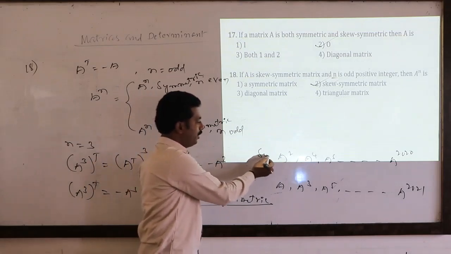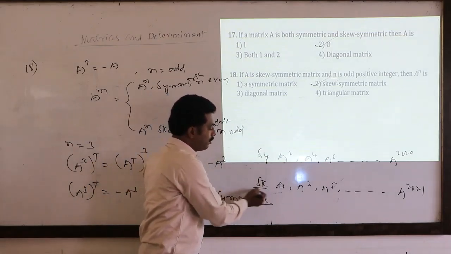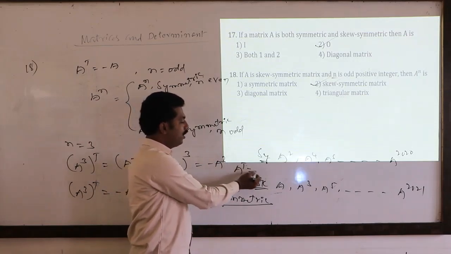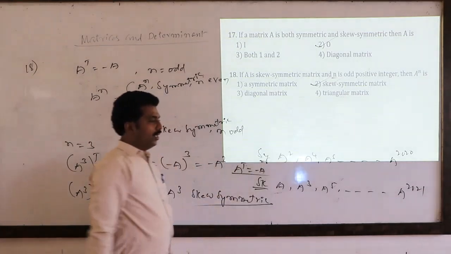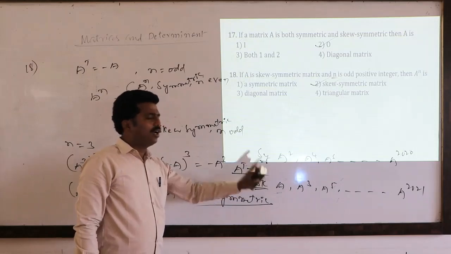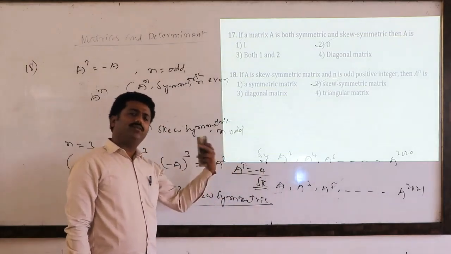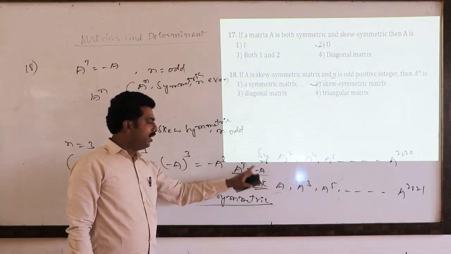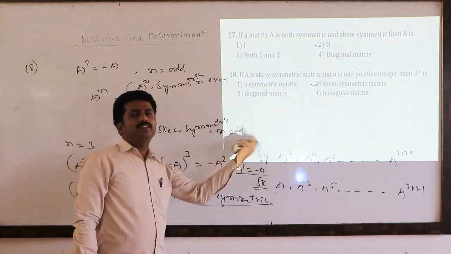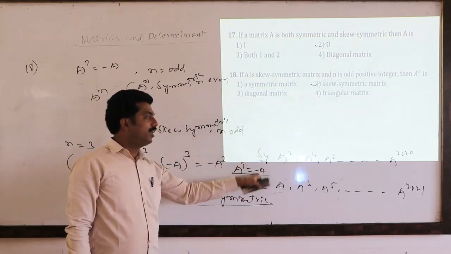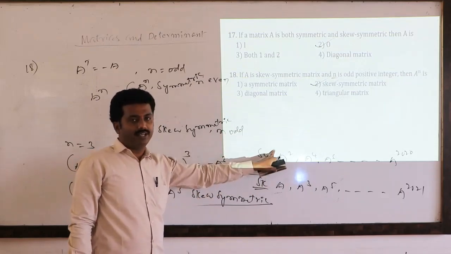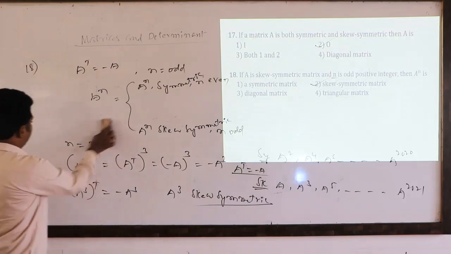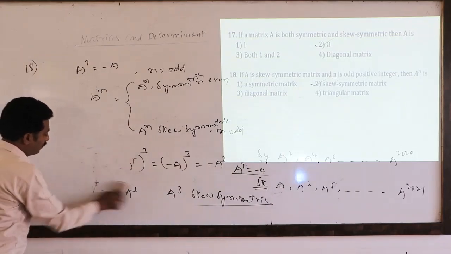Suppose A is symmetric, then whatever the integral power is, it is always a symmetric matrix. If A is skew symmetric, even powers are symmetric and odd powers are skew symmetric matrices. You have to remember that point.